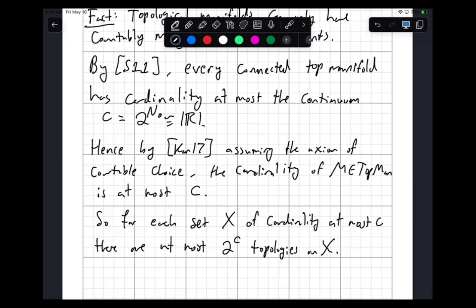So if I have a set of cardinality of the continuum, there are only 2 to the C possible topological manifold structures I could put on that set. If it had cardinality greater than the continuum, I know I can't put a topological manifold structure on it.